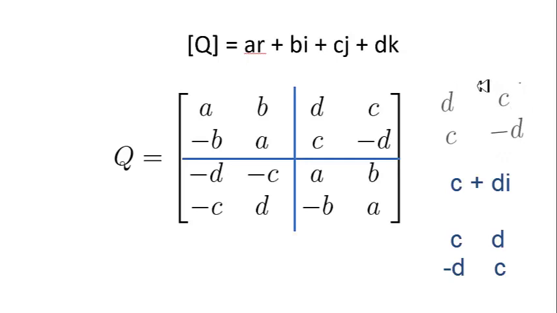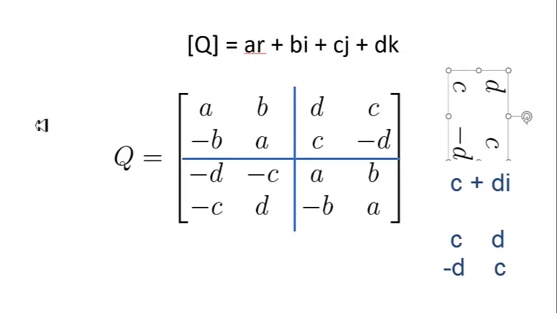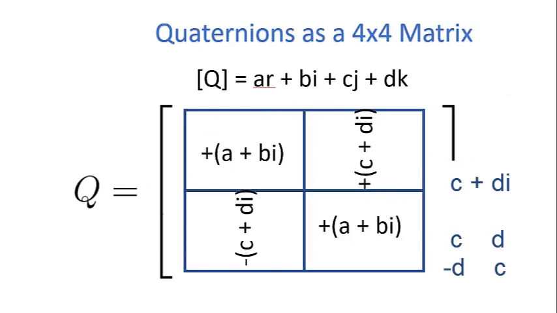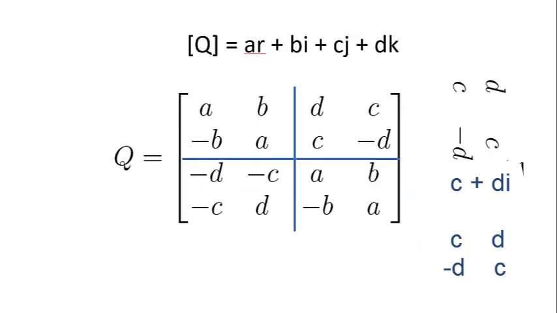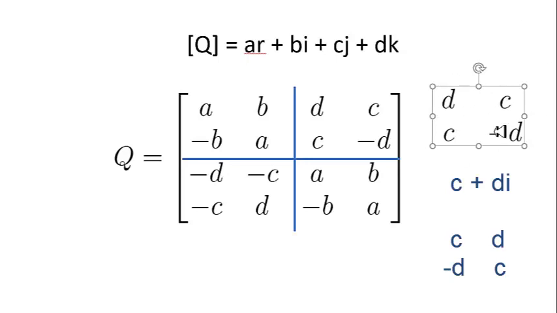So this is what I have to do to get it to a complex number. This would be the C plus DI, only to get it into quaternion format, this has to be rotated. This matrix needs to be rotated counterclockwise by 90 degrees.